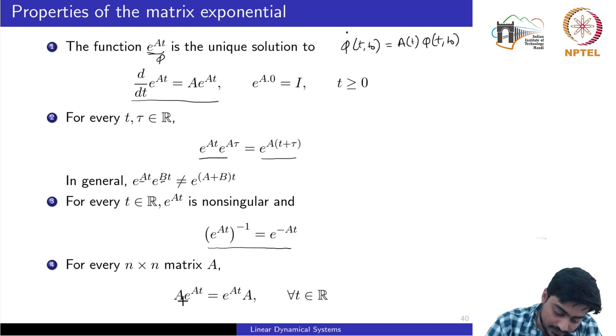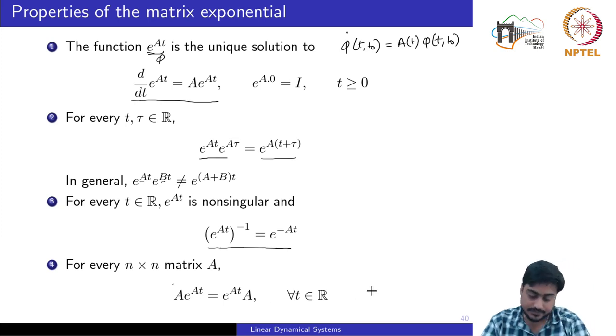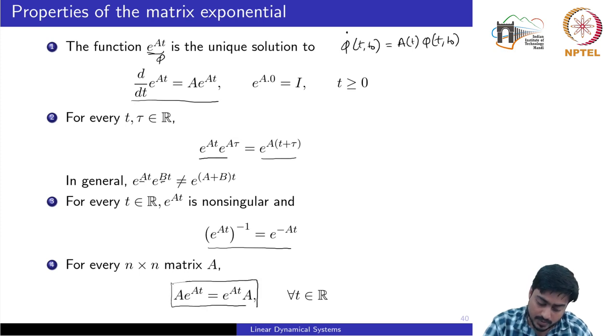The fourth property: for every n cross n matrix A, I can compute the multiplication of the matrix A and the matrix exponential, and it commutes with matrix A. Okay, the proof of this part you can do by yourself. The hint is that you can first of all use the exponential series and then pre-multiply and post-multiply with the A matrix.